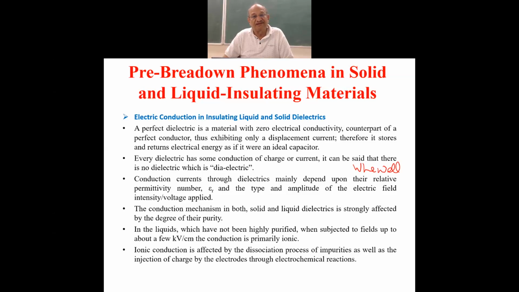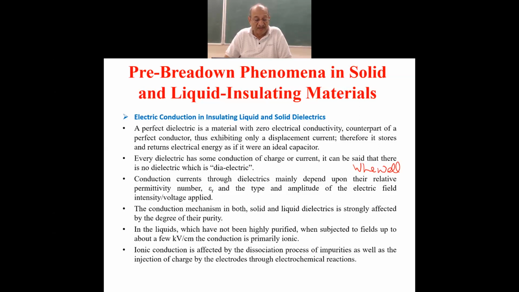Later, when measurement techniques developed, people could measure some conduction of current of a very low order, not even milliamperes, sometimes even microamperes, which was not detectable with the older instrumentation. So it was known as dielectric, which does not allow passage of current, but every dielectric does allow some passage of current.